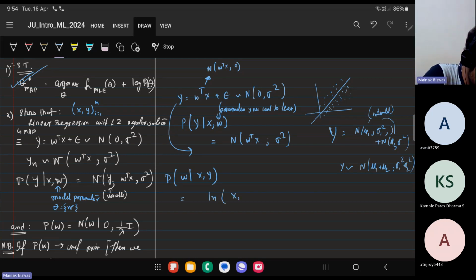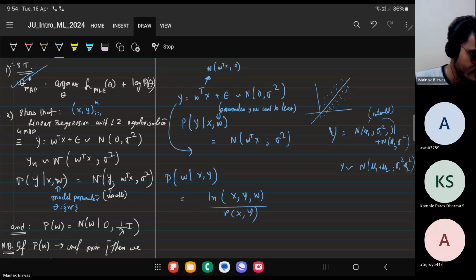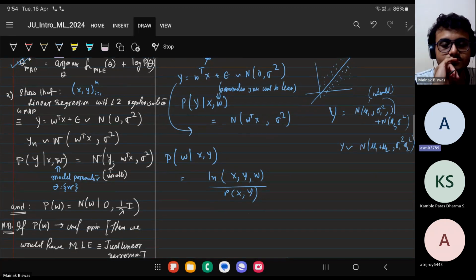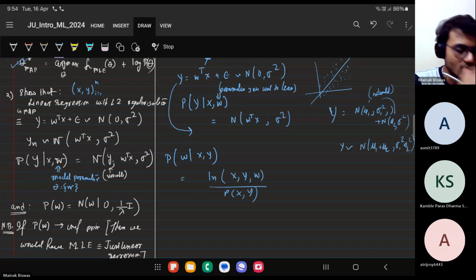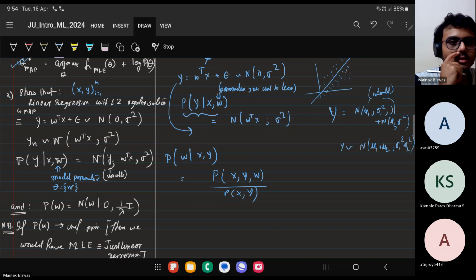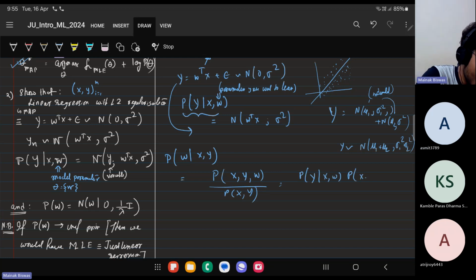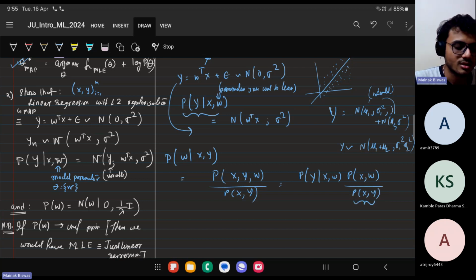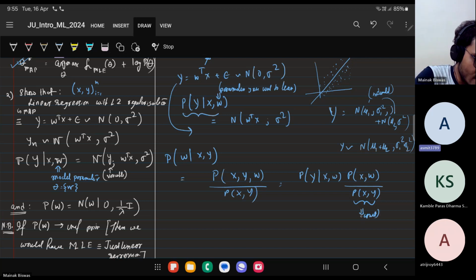I can write this as P of Y given X comma W into P of X comma W, divided by P of X comma Y. But I only know this distribution, right? In the numerator, I write P of Y given X comma W into P of X comma W, divided by P of X comma Y. Do you agree the denominator is a constant? Yes. It does not depend on W.